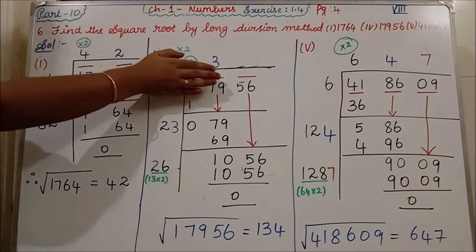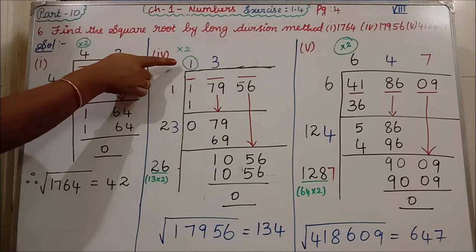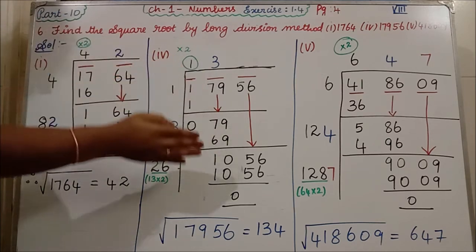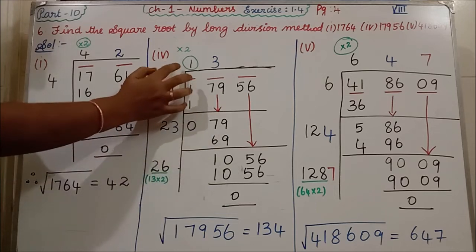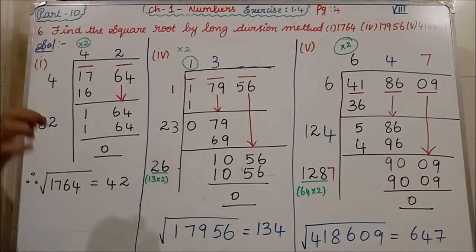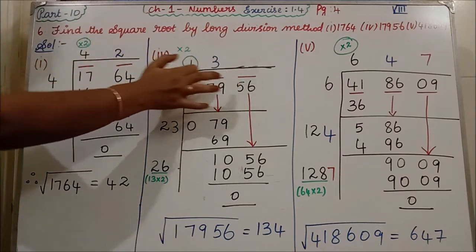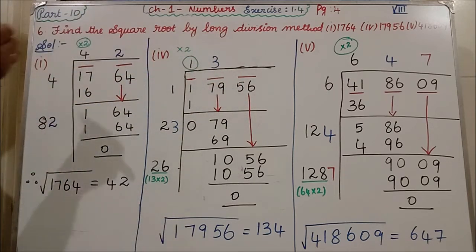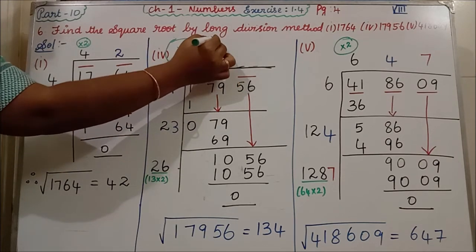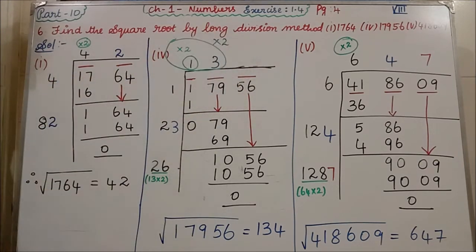From this step to this step, we multiplied 1 with 2, so we wrote 2. For the next step, what number do you have in the quotient? You have 13 in the quotient. So the full 13 you have to multiply with 2.